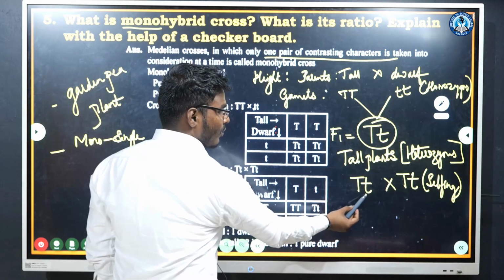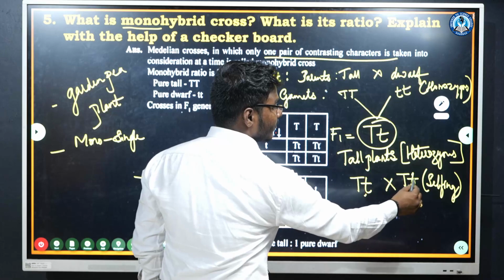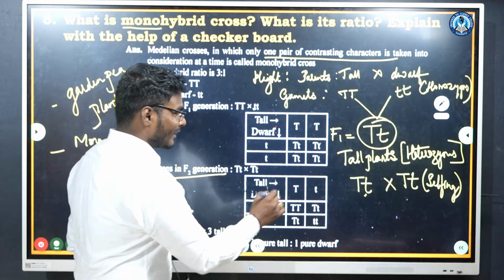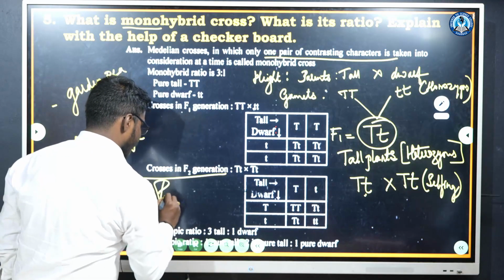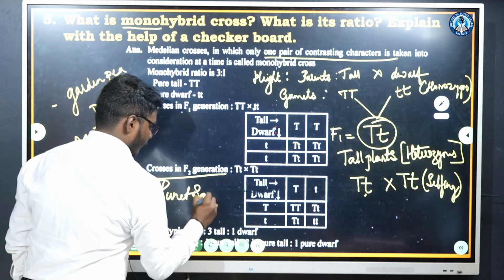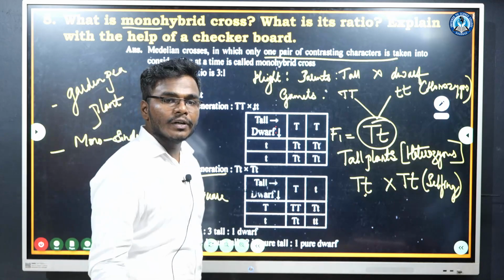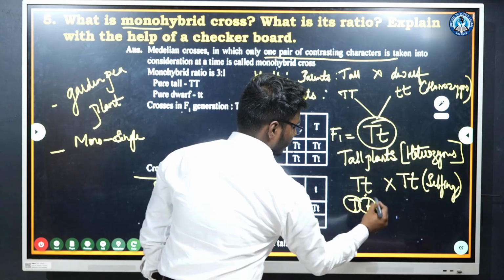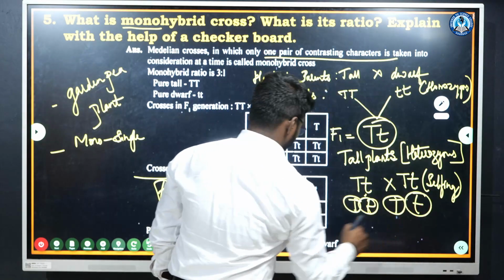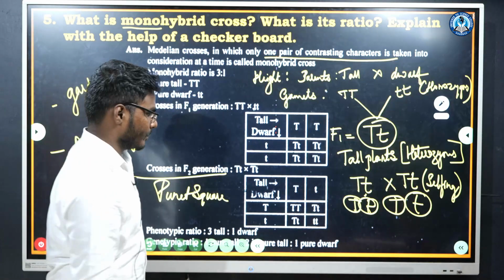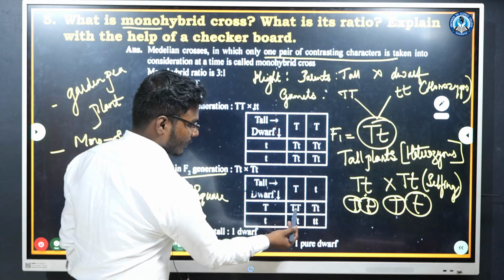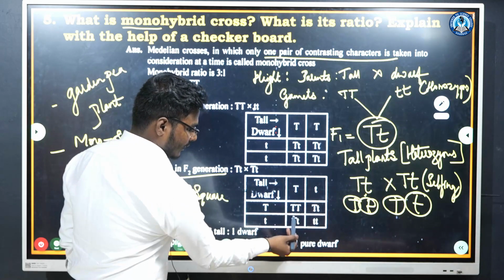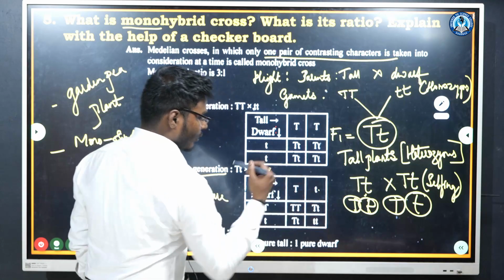So capital T small t was crossed with capital T small t. Now let us put the Punnett square. The gametes get separated, capital T, small t, capital T, small t. So let us write the gametes: capital T capital T, capital T small t, capital T small t, and small t small t.